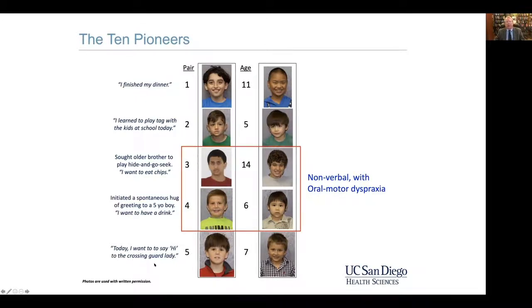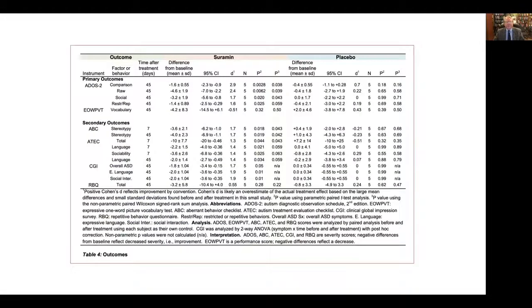So none of the other children started having any changes like this. And when we finally broke the code, we found that this group of 5 boys had received Suramin, this group had received placebo. When we looked at the numerical outcomes by ADOS and comparison score, raw social and restrictive repetitive movement scores, we found that all of these were very significantly improved in the Suramin group, but there were no changes in the placebo group.